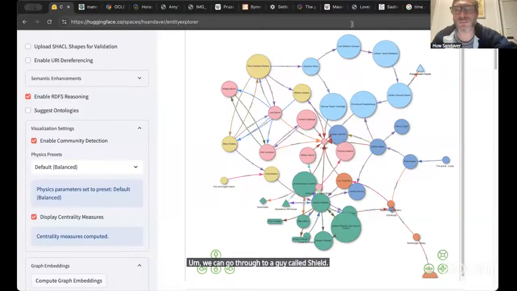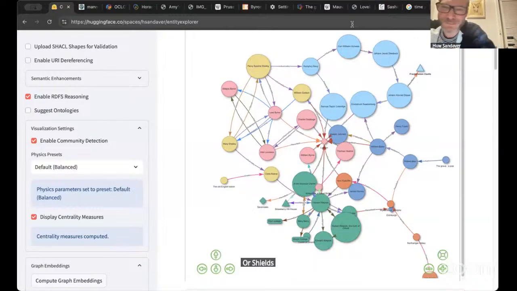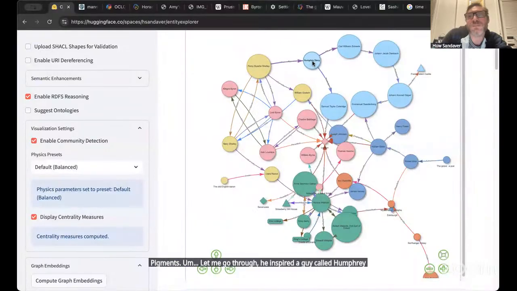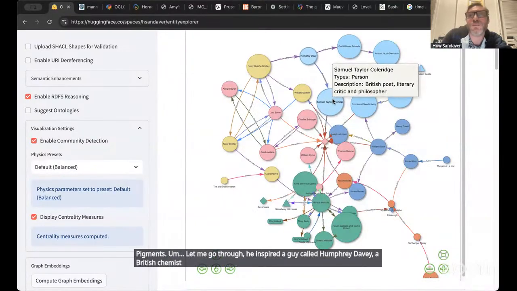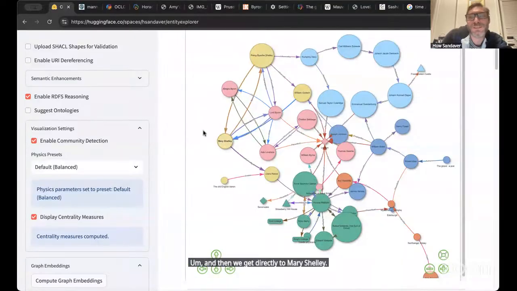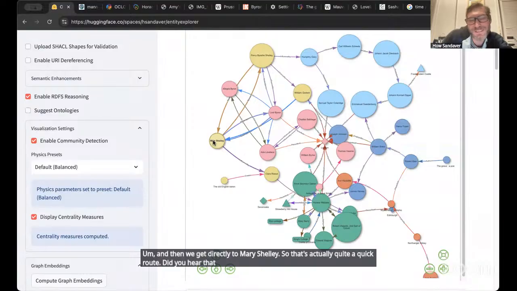Scheele is quite interesting because he also created emerald green, or Scheele's green, the problematic arsenic pigment. He inspired a guy called Humphry Davy, a British chemist, who corresponded with Percy Shelley. And then we get directly to Mary Shelley. So that's actually quite a quick route. Did you hear that story that way?